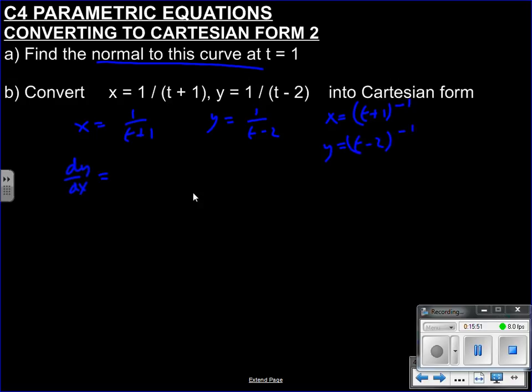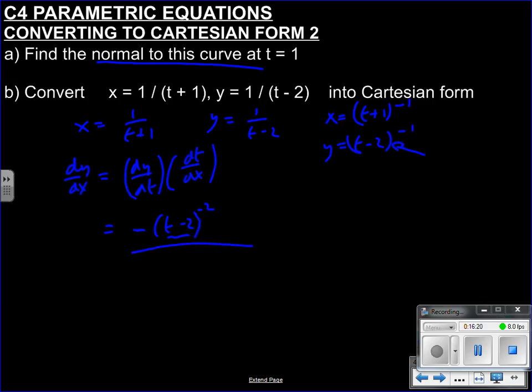So dy by dx through the chain rule is dy by dt, dt by dx. And therefore dy by dt, differentiate that, the chain rule, minus comes down, t take 2 to the minus 2, differential of the inside goes to 1, times by dt by dx.